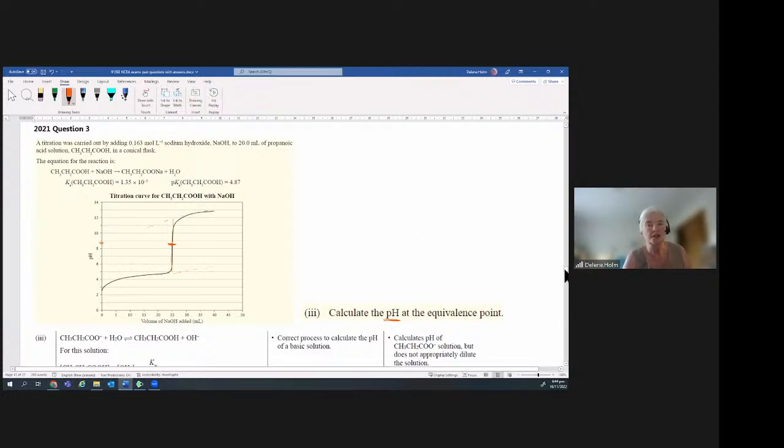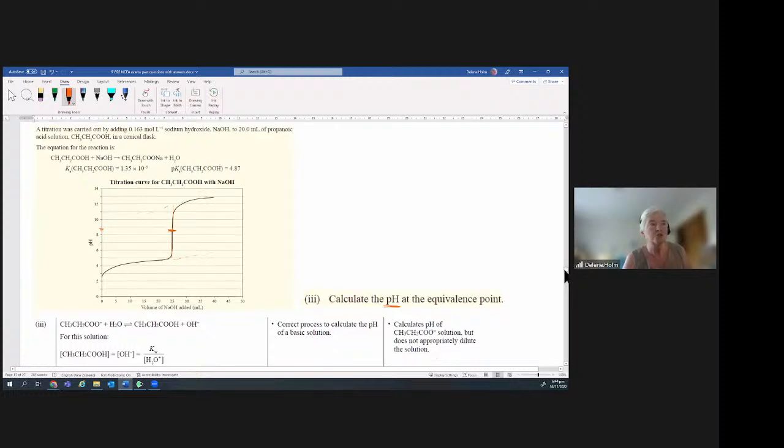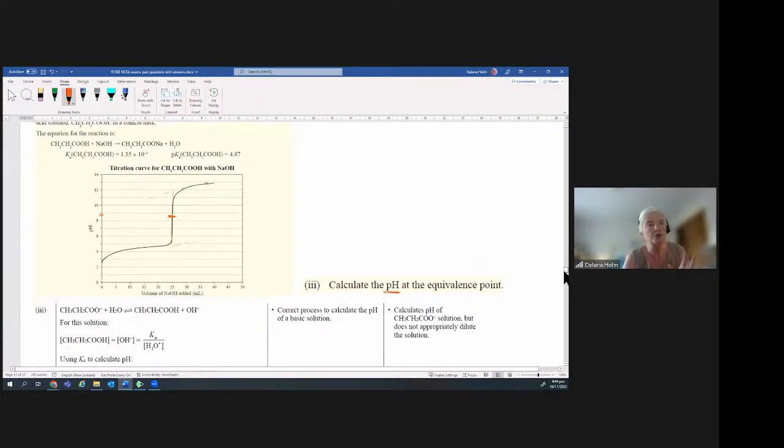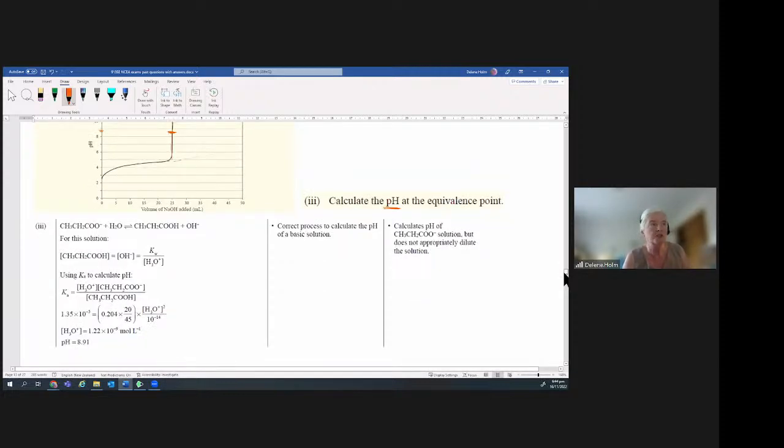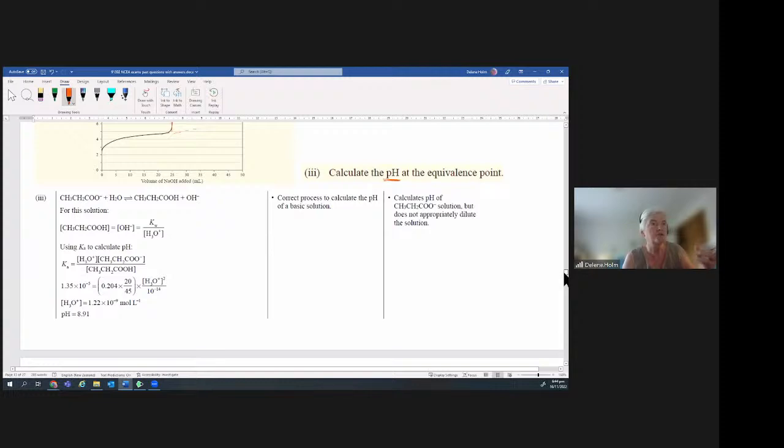Now the trick with this one is, of course, you've now added 2 solutions. So you have changed your volume, and because you've changed your volume, just like with the solubility one, you have changed your concentration. So that's the first thing you need to be aware of. And then the second part is, of course, you've got to think of what's happened.